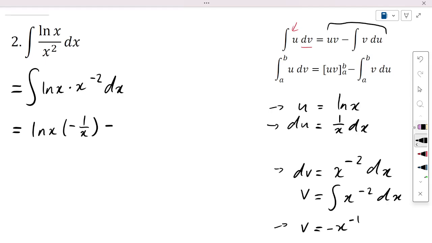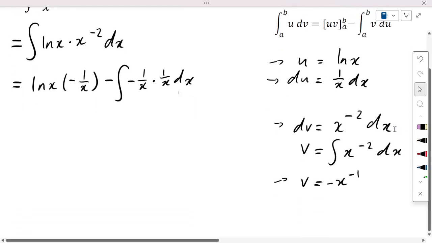This is minus the integral of v multiplied by du. What is v? v is equal to negative 1 over x. And what is du equal to? du is equal to 1 over x with respect to x, like that.